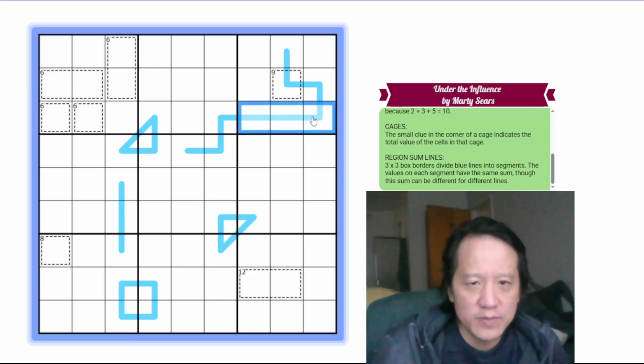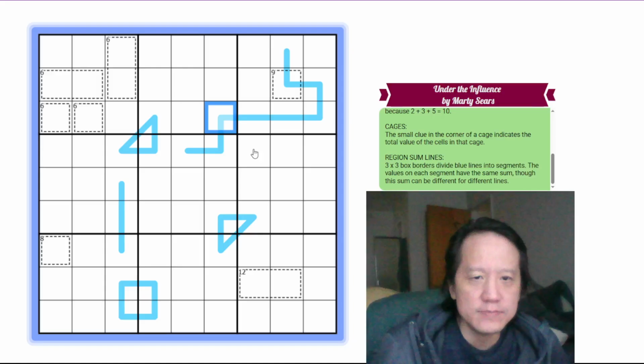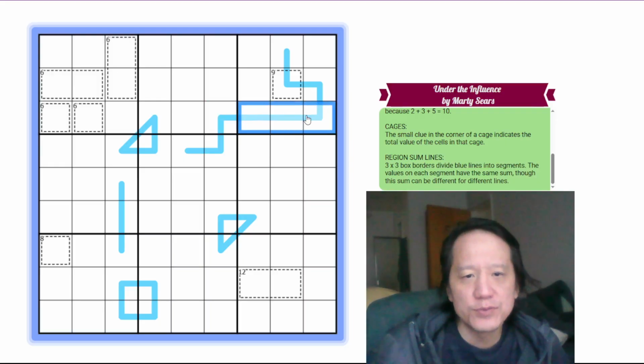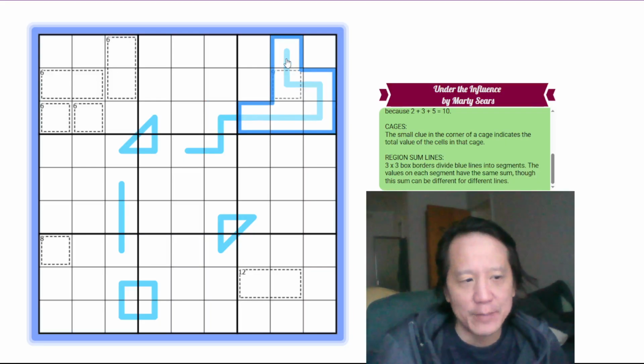The sum of all these digits must be equal to the sum of this digit. That means this is 1, 2, 3, 4, 5, 6 at minimum.